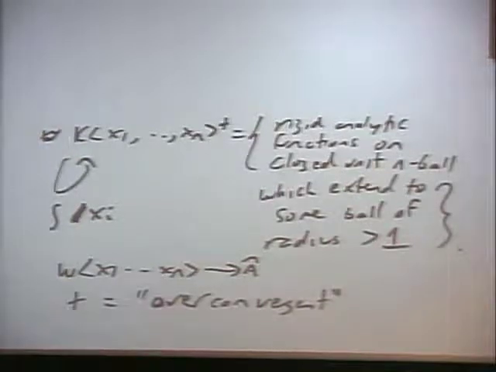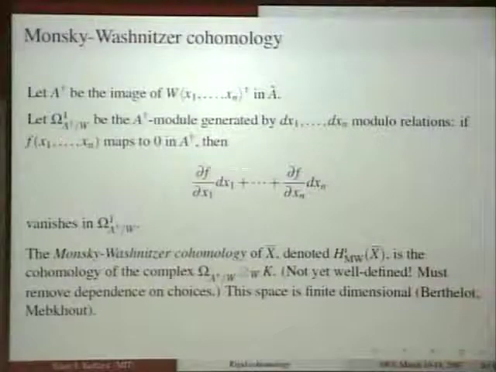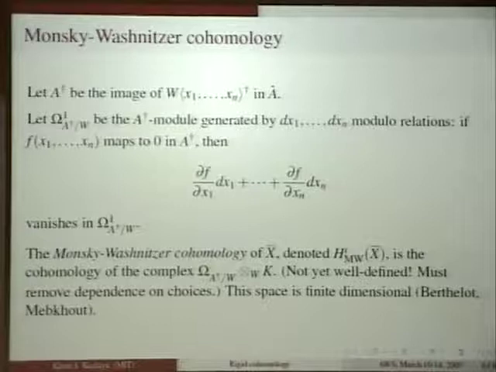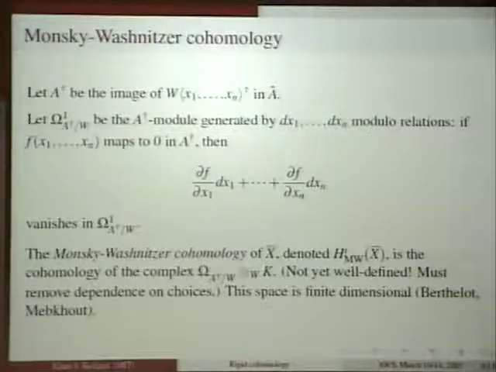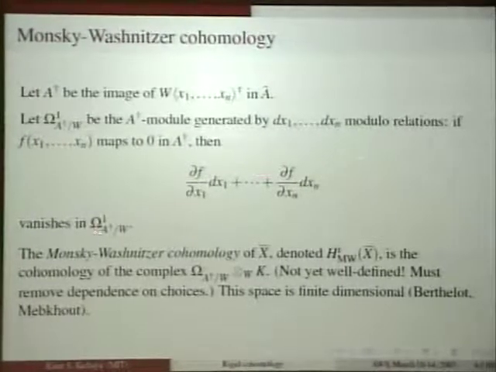OK, so this is the algebra I want to use instead of A hat. And it has a module of differentials, which is really a module of continuous differentials. But formally, you can just define it the way you might expect. You take generators dx1 through dxn and quotient out by relations. If you have a power series which is supposed to go to 0, then its formal total derivative had better vanish.